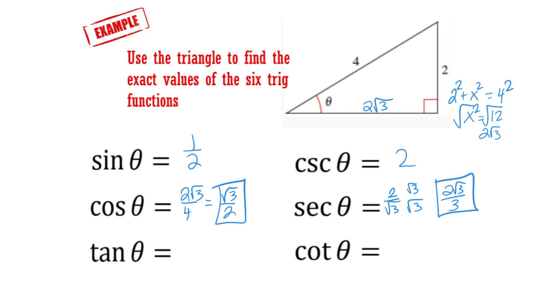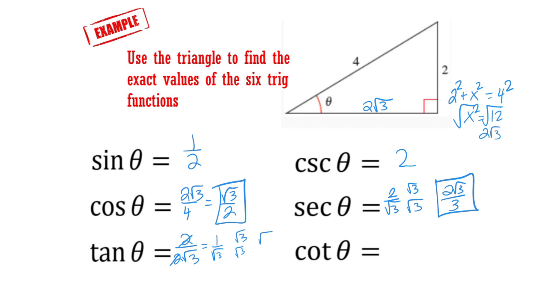Let's try one more. Let's do the tangent. Tangent of an angle is opposite over adjacent. So 2 over 2 root 3. Couple things we can do here. First thing I can do is change this to just 1 over root 3. And then I'm going to have to rationalize it.